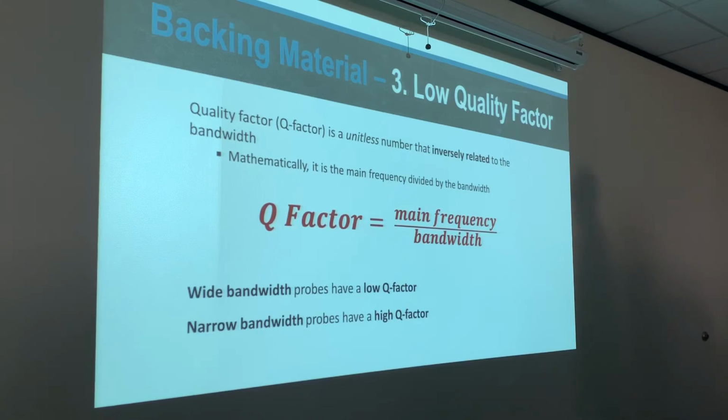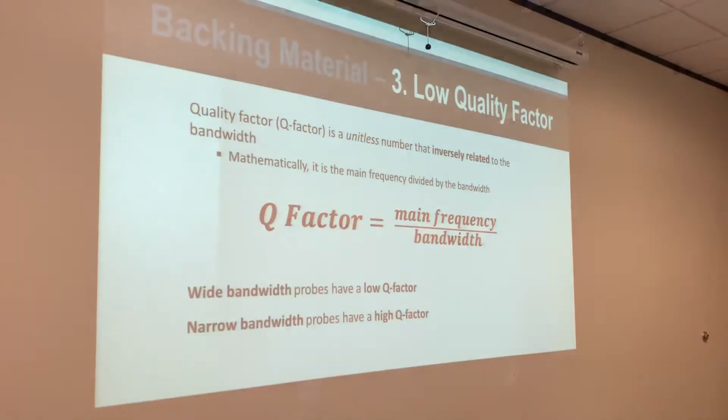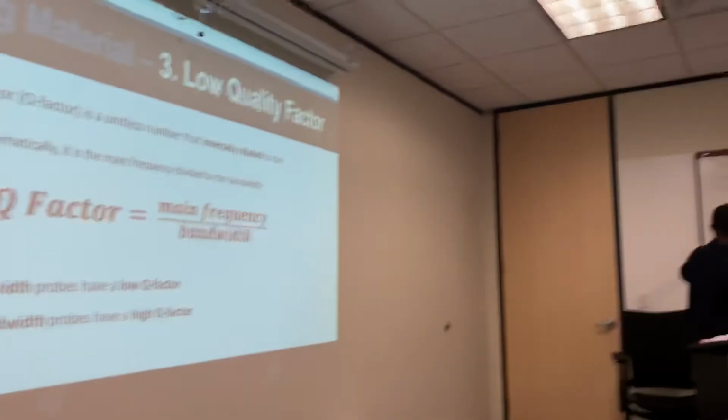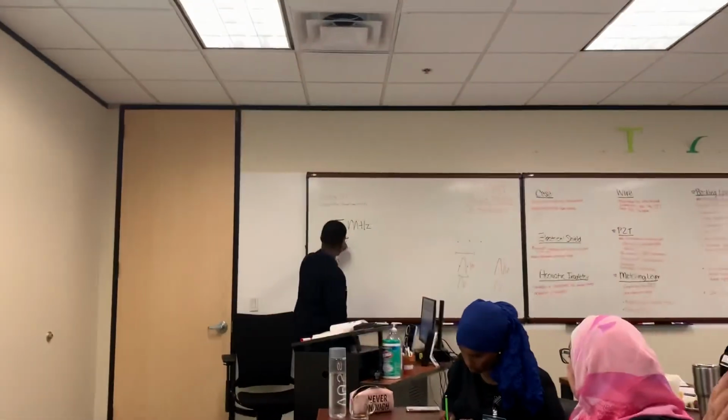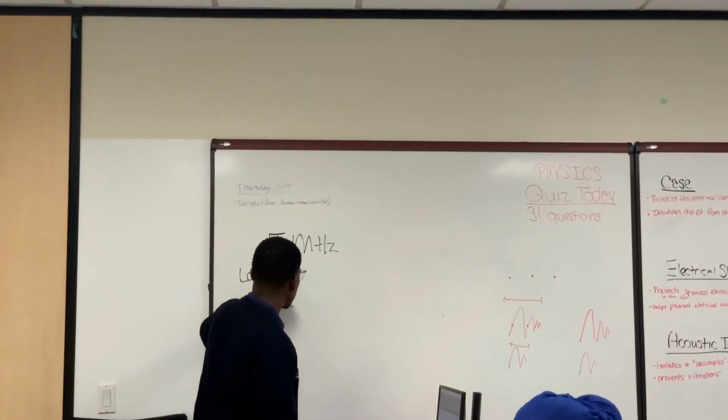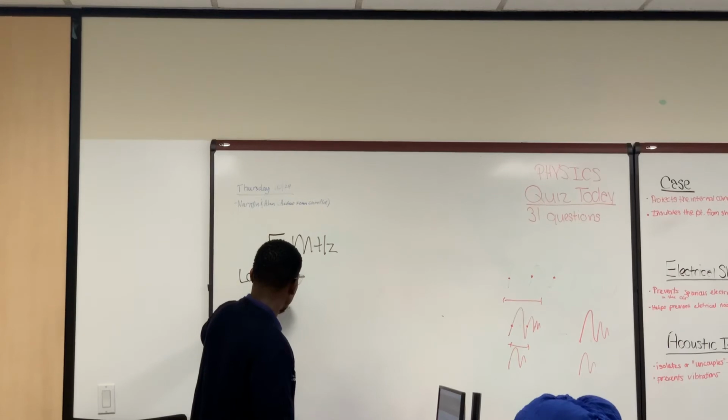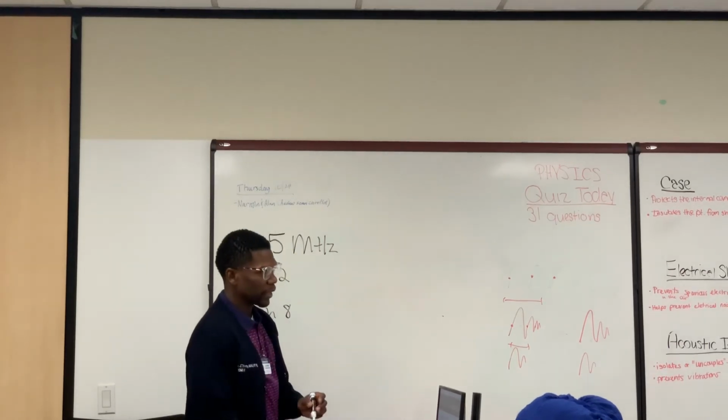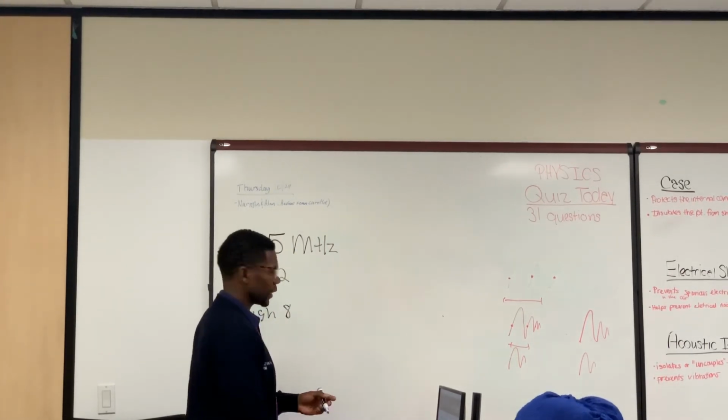So let's say we have a transducer that has a main frequency of 5 megahertz, but it has a low frequency of 2 and a high frequency of 7. It's going to be too easy, because it's going to make it even. You'll see what I'm doing in a second.